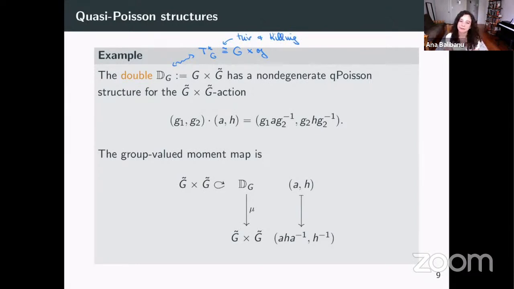And just like the cotangent bundle has a symplectic, which is to say non-degenerate Poisson structure, this double has a non-degenerate quasi-Poisson structure with a moment map valued in the group that is essentially a direct multiplicative analog of the usual moment map for T*G.